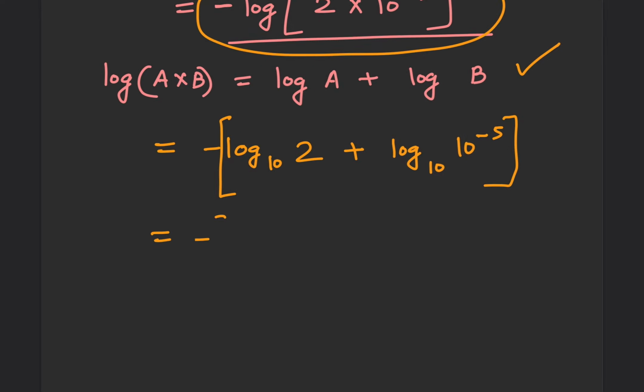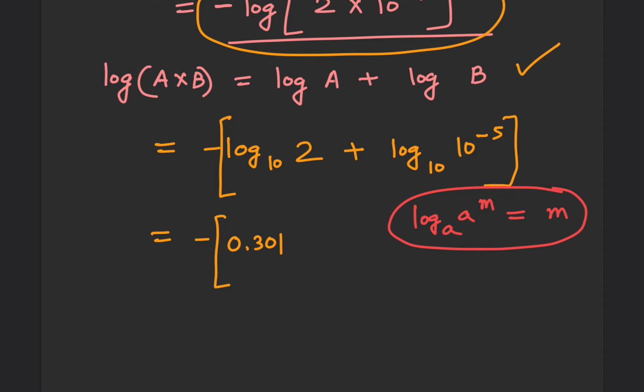And log 2 is given to us as 0.301. And to solve this guy, we have to know one thing, that log of A to the power m, base A, is equal to m. Okay, this is important. So you can see here it is log of 10 to the power minus 5.